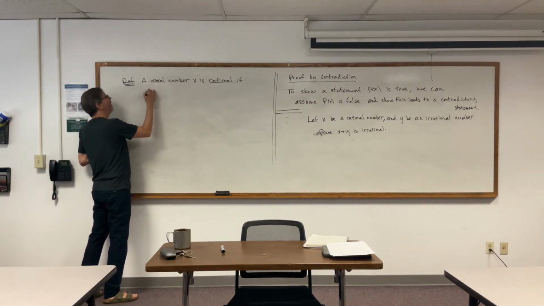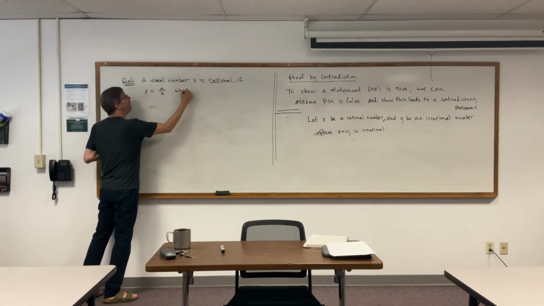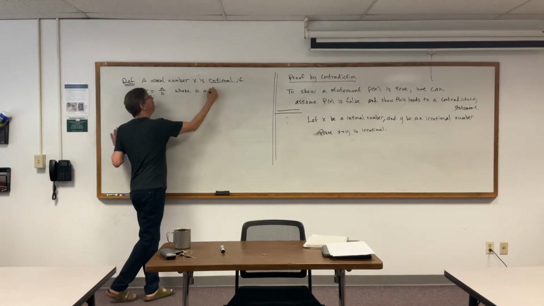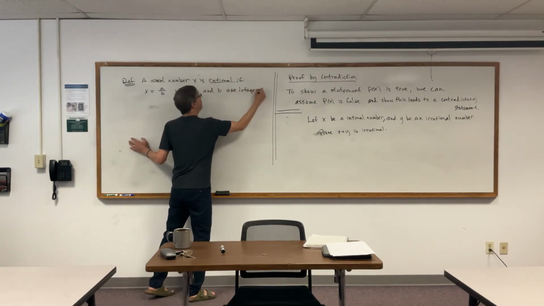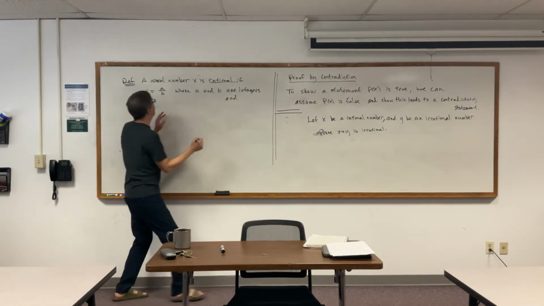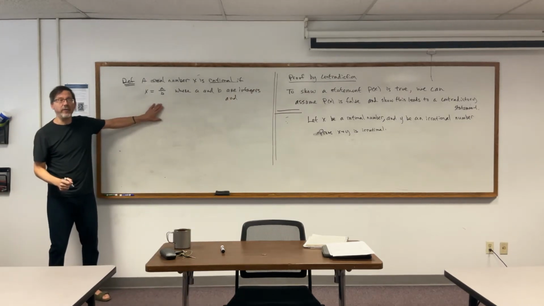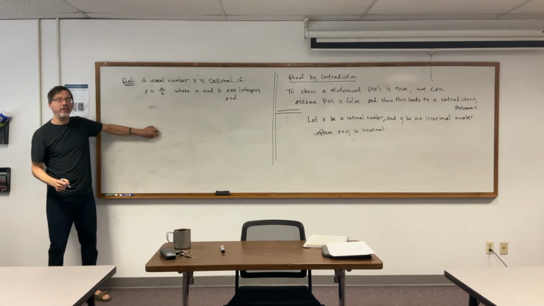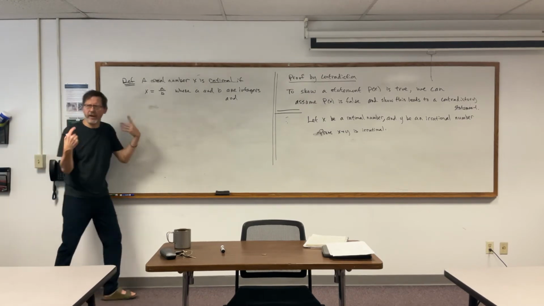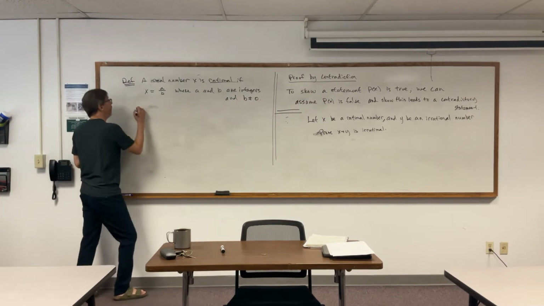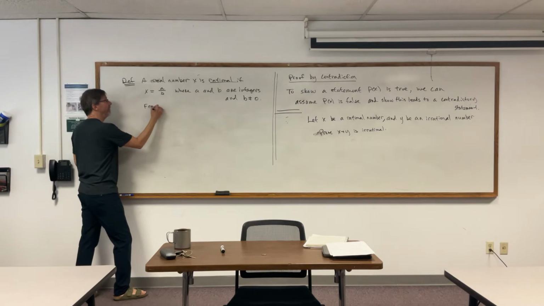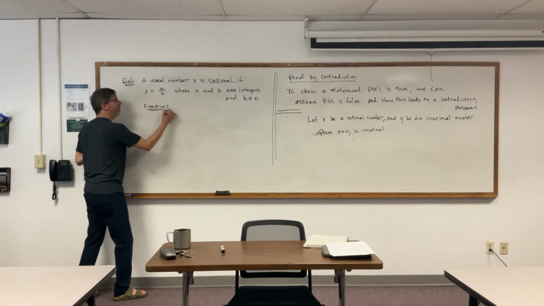If X is equal to A over B, where A and B are integers, and what else has to be true to be safe? What has to be true about B? B can't equal 0, you can't divide by 0, so B is not equal to 0. So, in other words, just fractions. Like Joey said, they're just fractions.